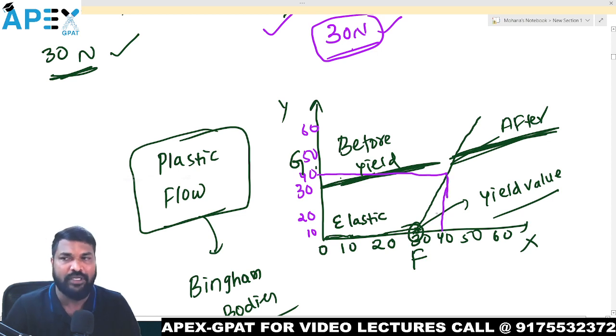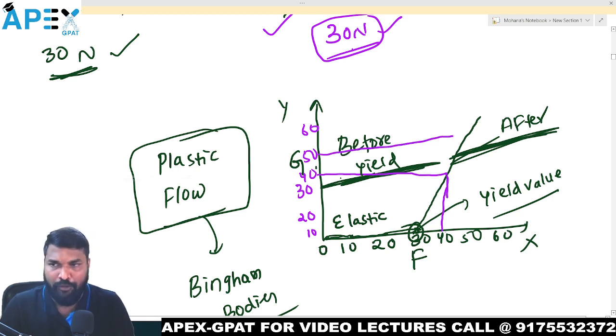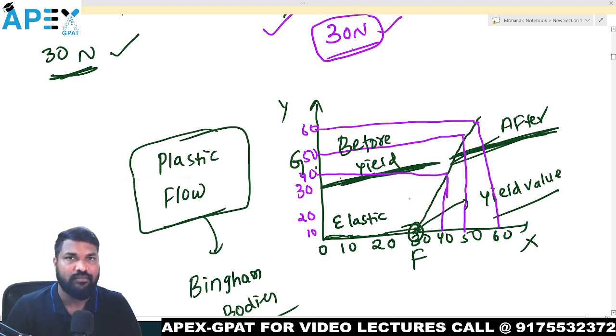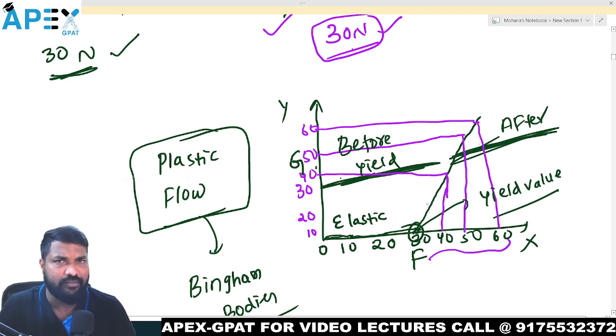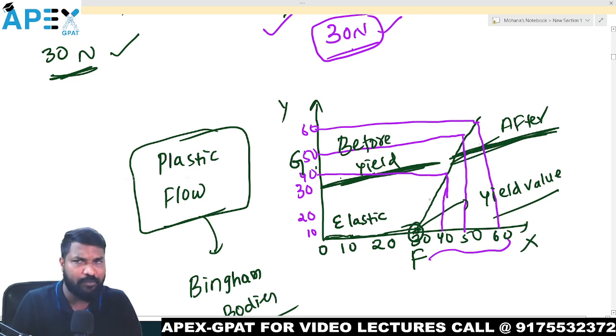Shear stress is 40, the flow is 40. Shear stress is 50, the flow is 50. Shear stress is 60, the flow is 60. Means what you observed is that after the yield value, is it increasing proportionally or not? There is a proportional increase.